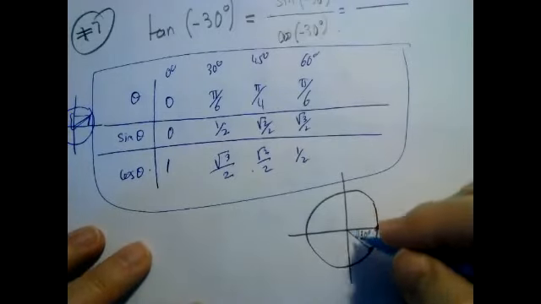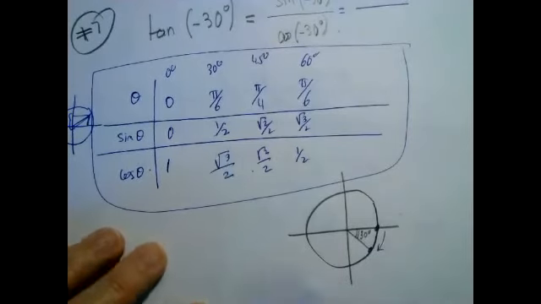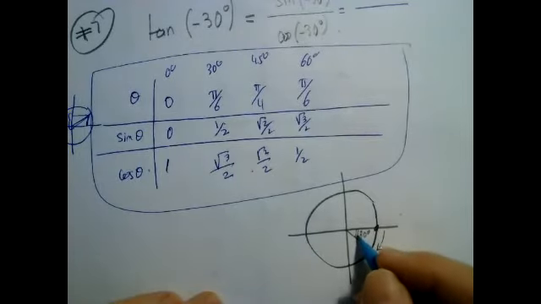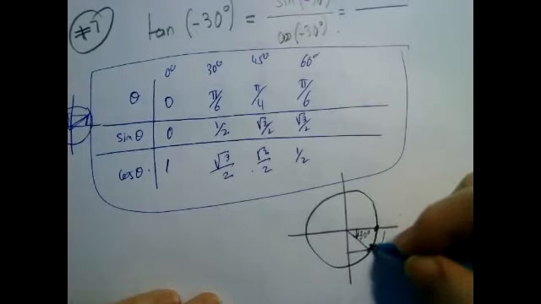All right, so what is the sine of minus 30? Using this table, who can give me the sine of minus 30? And explain. So that's minus 30 degrees. What's the sine of minus 30? Minus a half.